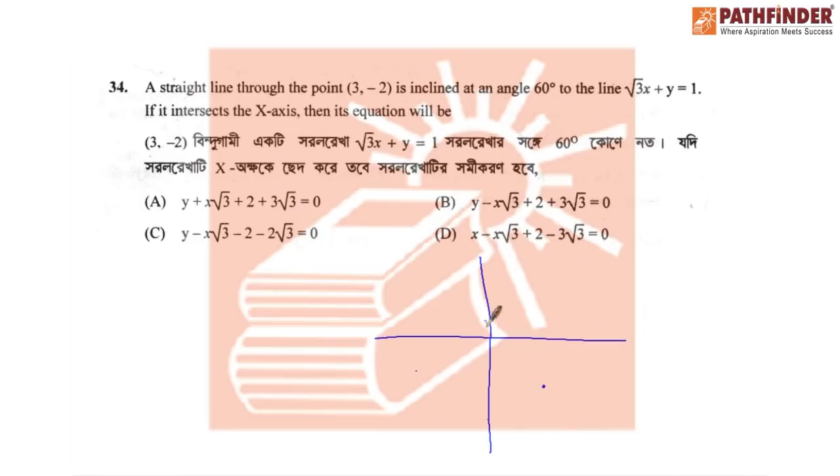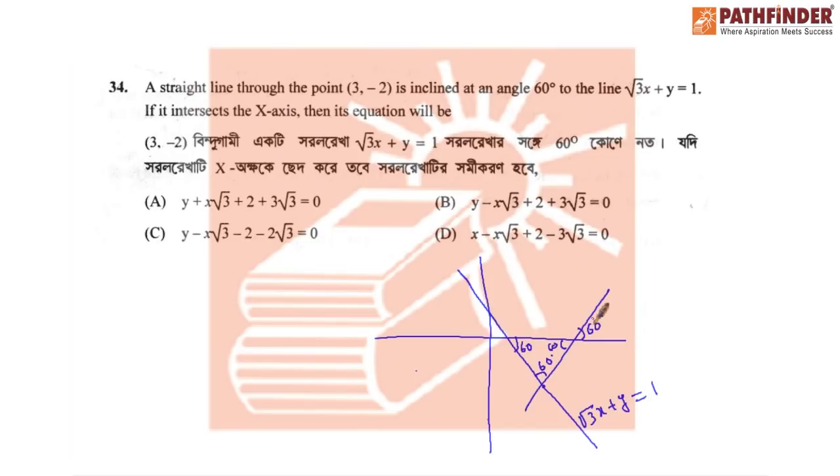So we have a line, and we have another line which is 60 degrees with this, and this line is root 3x plus y is equal to 1. That means this angle is 60 degrees, so this angle has to be 60 degrees.